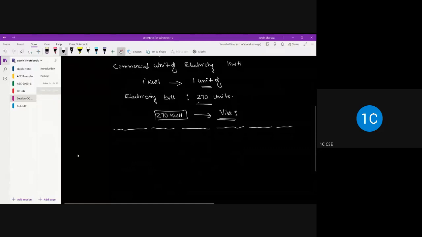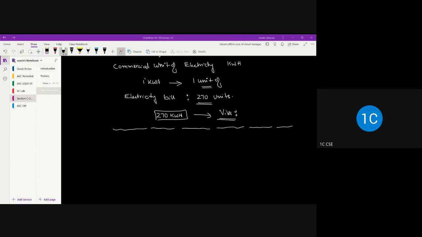Any doubts in this? Or is it known stuff only? I'm just repeating it. We are just recalling the basic definitions. All right, so now let us come to the exact topic. Let me consider now series connection of resistance.